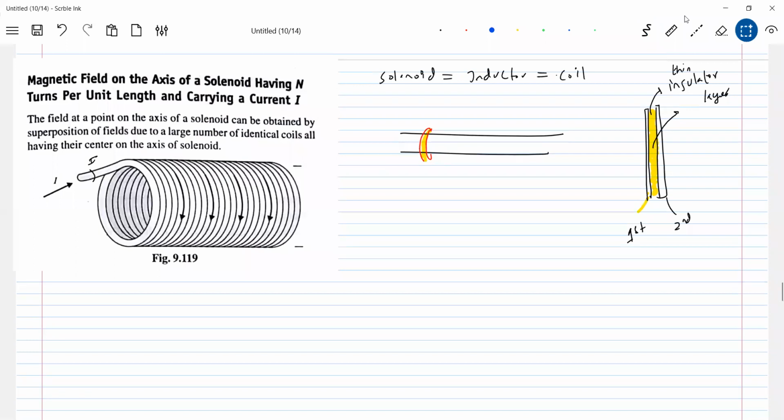If a current enters, look at this particular thing only. I'm showing the current here. Let this be the point P1, this P2. At P1, the current is coming out.